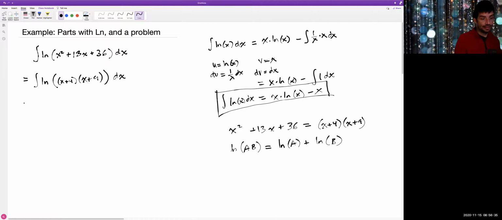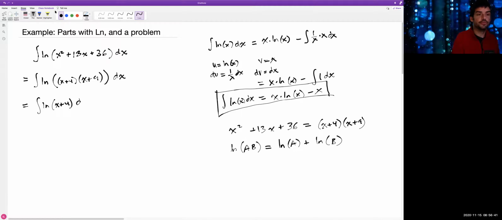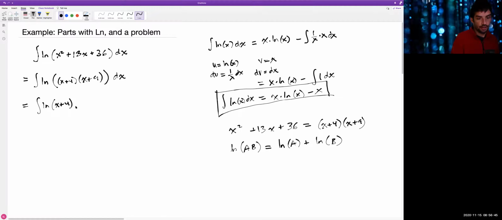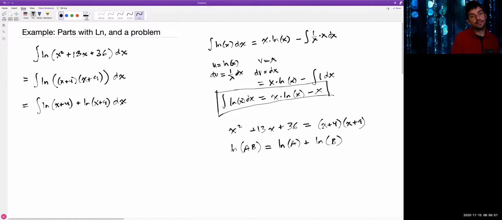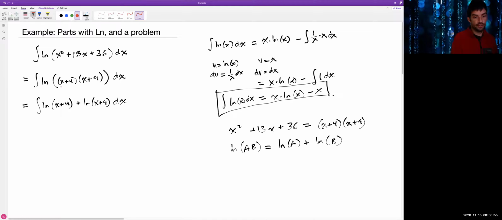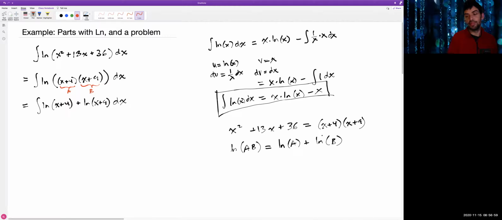So applying that, we can rewrite this as natural log of x plus 4 plus natural log of x plus 9. This is like the A, this is like the B in that rule, okay?